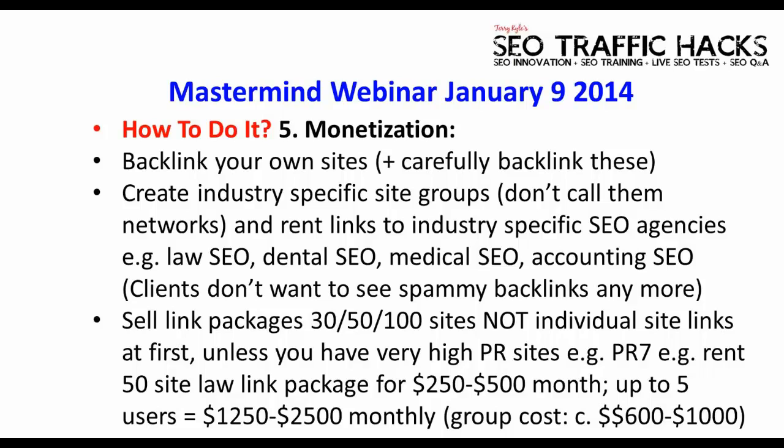Now, if you had something like a PR7 site, I don't think you're going to have higher than that, you could probably get away with individual site link rentals, but the much better option from a marketing and easy sale point of view is packages. So you might, for example, be approaching law SEO companies with 30, 50, or 100 site packages.